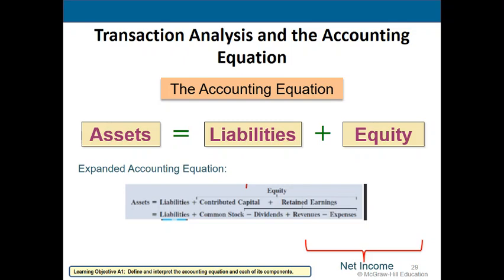Why a shareholder would buy stock is because they want to not only have the stock value appreciate, but they also want to share in some of the earnings of the company as the money's earned. And so those would be called dividends.